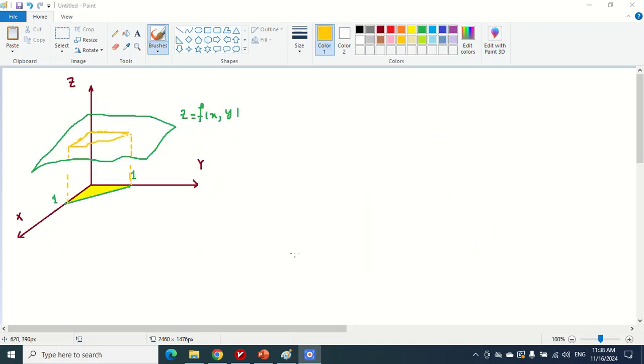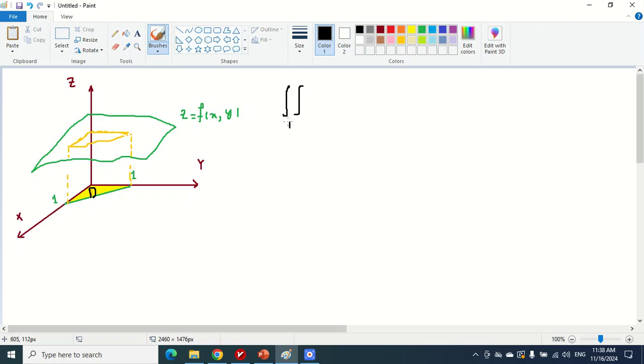Suppose we have a surface z equal to f of x y, and we want to calculate the volume under the surface when it is restricted to a given domain, and the domain is a triangular shape like this. Let me change the color to see it better. So the domain is D, and I want to calculate the double integral of f of x y over D.